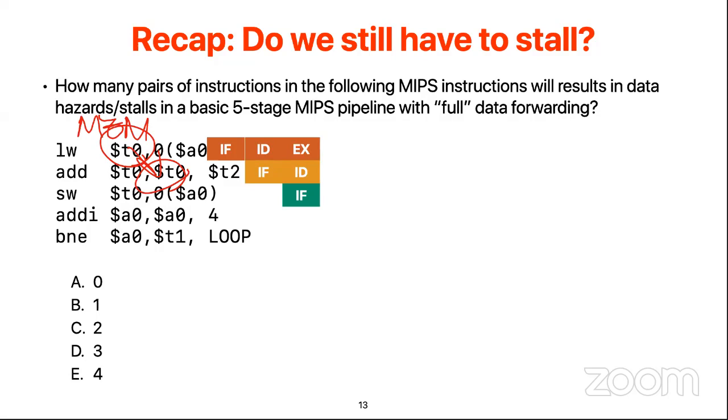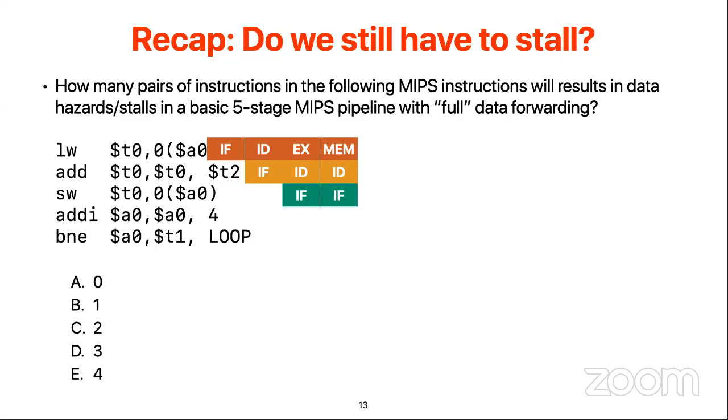So by no means can the later instruction proceed before the memory stage of the load instruction finishes. So you have to stall the add instruction for one cycle, meaning that the add instruction has to repeat its decode stage, because the decode stage is when we prepare the inputs for the ALU.